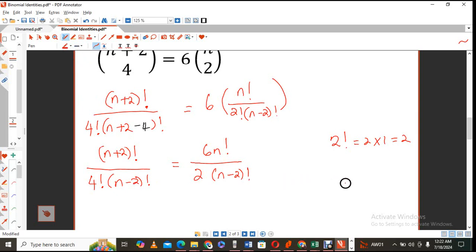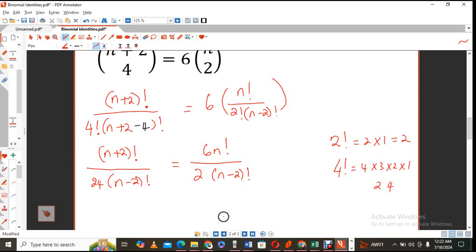Again, 4 factorial is 4 times 3 times 2 times 1. 4 times 3 is 12, 12 times 2 is 24. So I will just rewrite 4 factorial as 24. It helps me so that I can see and work on that.